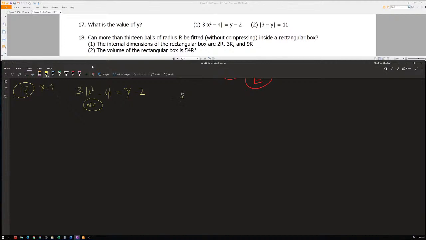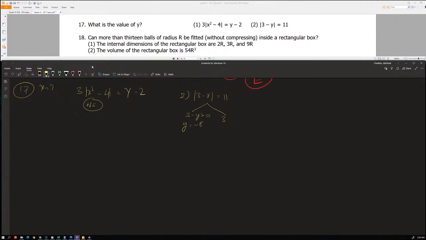Let's take the second condition, where it is 3 minus y mod equal to 11. When 3 minus y is positive, y will be equal to minus 8, because this goes to that side and this becomes negative.